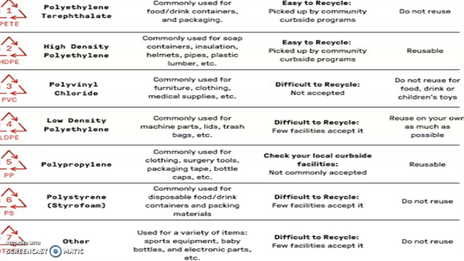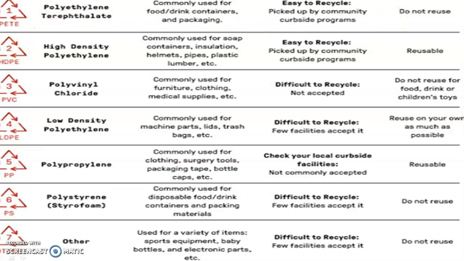Some are picked up by the community and used for food, drink containers and packaging. If you observe this sign, a triangle with 1 in it, PETE is written. So what is PETE? Polyethylene terephthalate. It is commonly used for food and drink containers and packaging. Easy to recycle, picked up by community and curbside programs, but do not reuse.